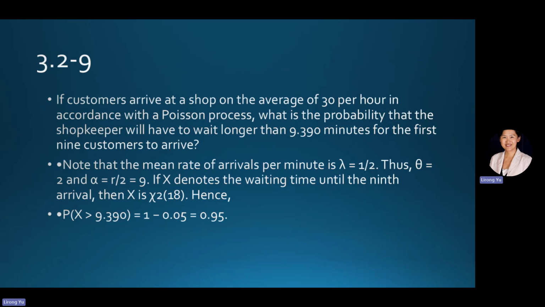All right. So we want to calculate the probability that x is bigger than 9.39. The problem of waiting for 9 customers is now converted to the total waiting time being bigger than 9.39. So we can look at the chi-square distribution table for the degree of freedom equal to 18.